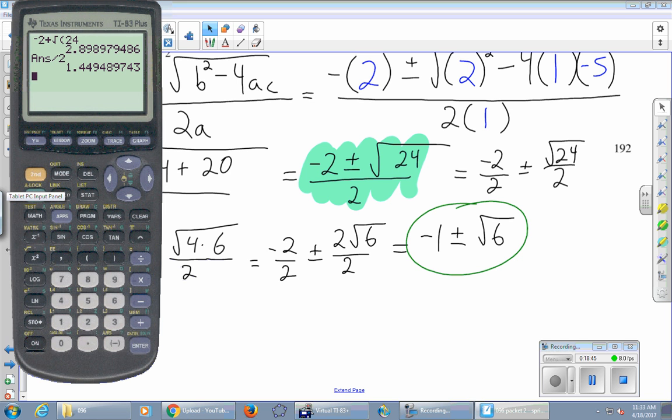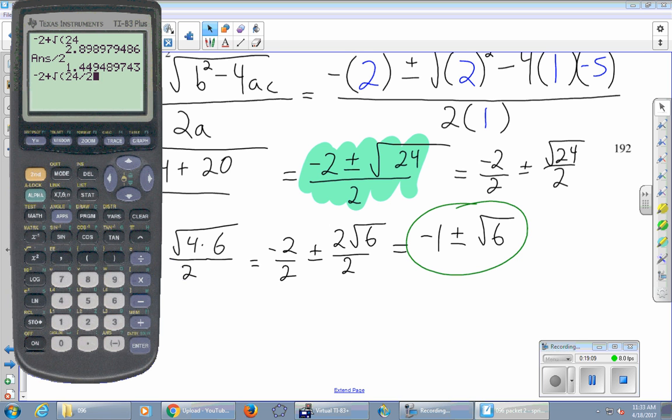The efficient but riskier way to do this, you can do it in one shot. I'm going to show you the wrong way. Don't do this. Negative 2 plus square root of 24. Okay, so you're going to find my error here. Divide by 2. I'm trying to do this whole thing in one calculation. So what's the first mistake? That divide by 2 is inside the root. It's not my fault. The calculator thinks it's smarter than I am.